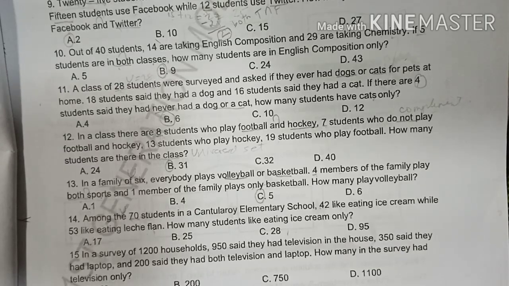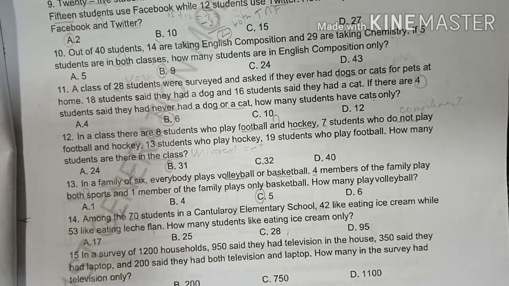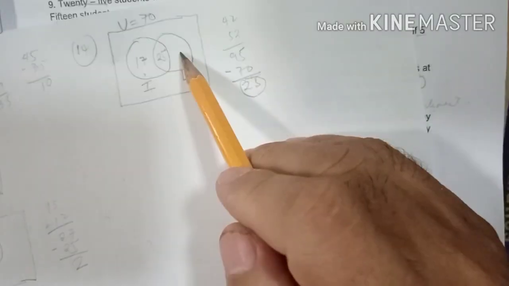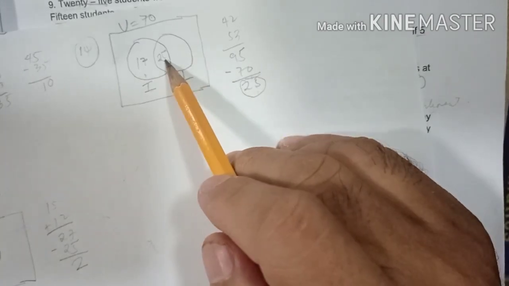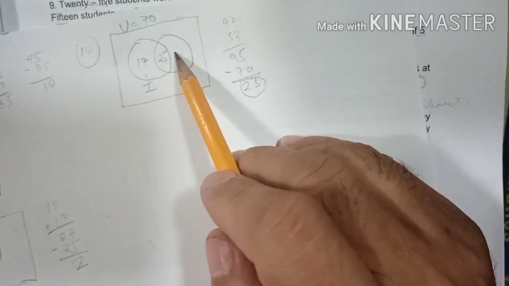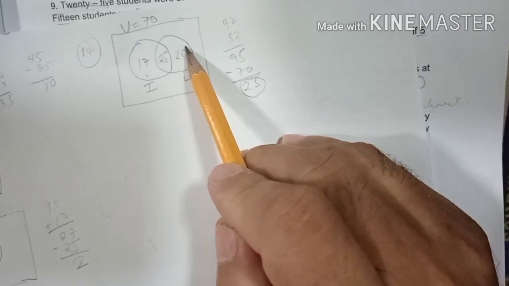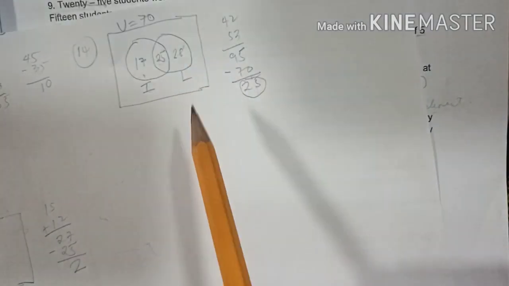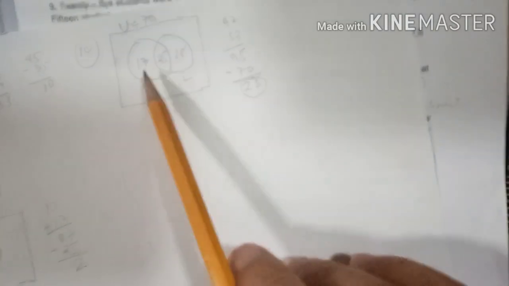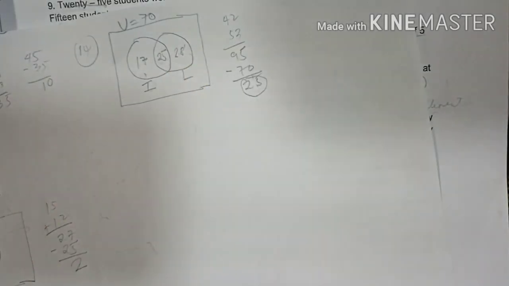Now next, for lychee plant. There are 53 like eating lychee plant. So what is lacking to 25 to get 53? That's 28. Okay. So when you add up all the three, 17 plus 25 plus 28, the answer is 70.